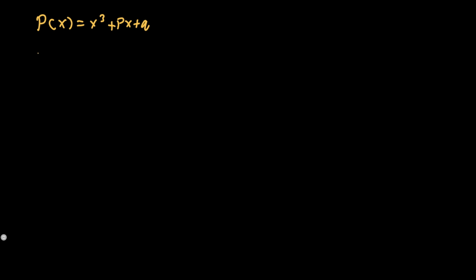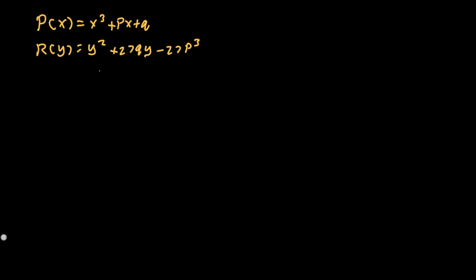And the resolvent that we found in the previous video, r of y, was given by y squared plus 27qy minus 27p cubed. And we see how our resolvent r of y consists of p and q in its coefficients.